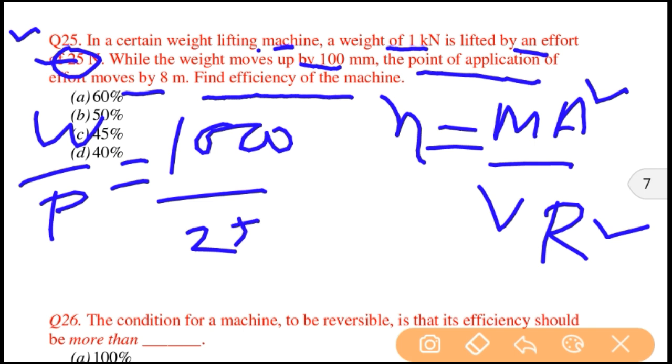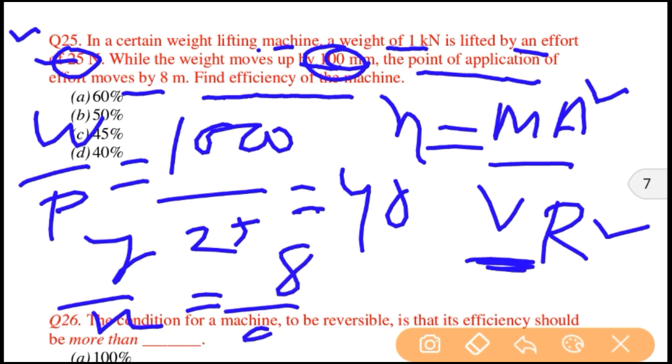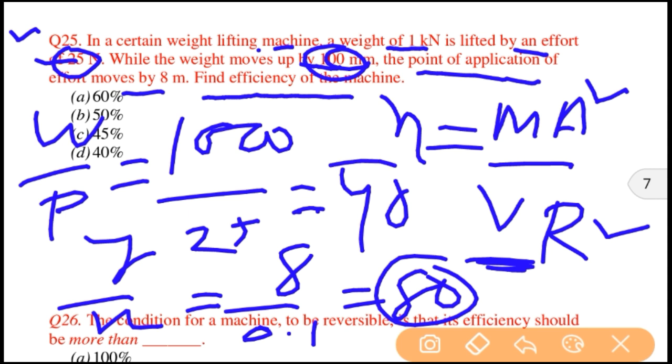So 1000 divided by 25 equals 40. Now we will calculate VR. Velocity ratio is given by y by x. Here y is 8 meter and x is 100 mm, that is 0.1 meter. So 8 divided by 0.1 equals 80.